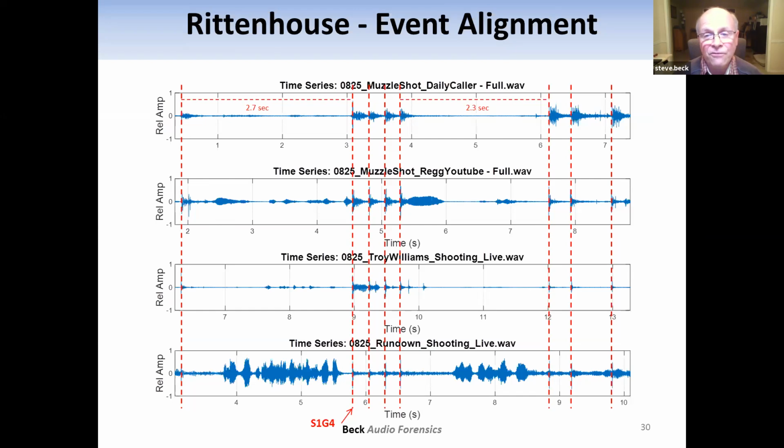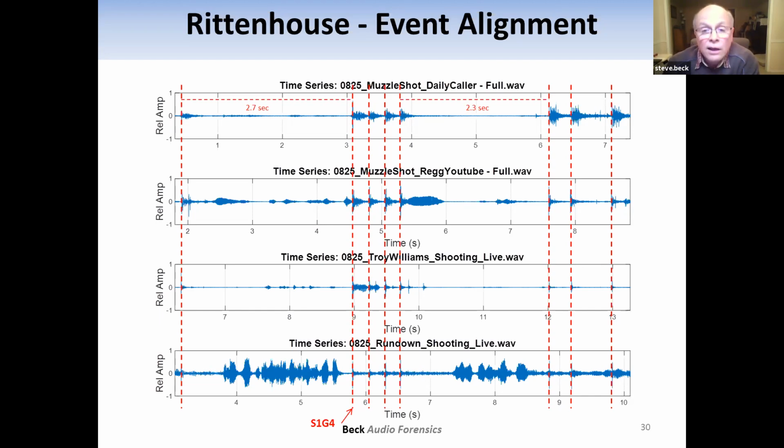Okay, so that 4 in the middle line up. The last 3 at the end look like they line up. And in fact, that very first shot at the left, I've got these red stripes, and they all look like they line up. Okay, but the problem is that a lot of these are almost collinear.